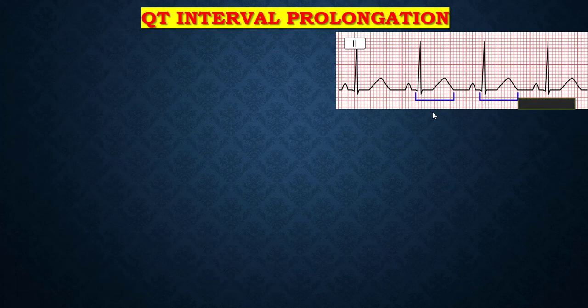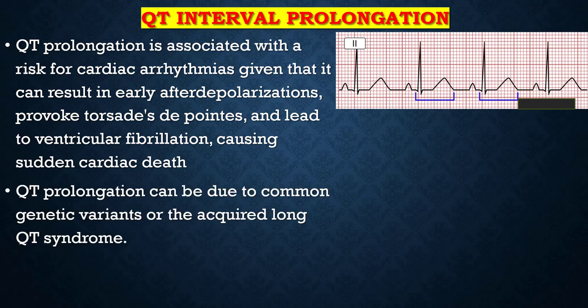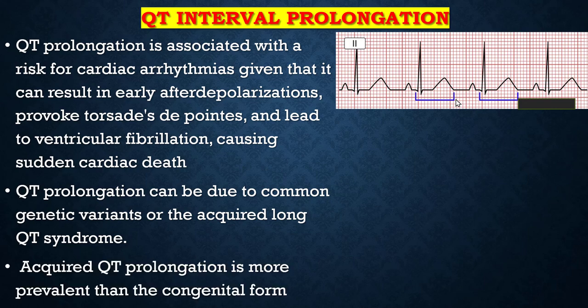QT prolongation is associated with a risk for cardiac arrhythmias, given that it can result in early afterdepolarization, provoke torsades de pointes, and lead to ventricular fibrillation causing sudden cardiac death. QT prolongation can be due to common genetic variation or acquired long QT syndrome.